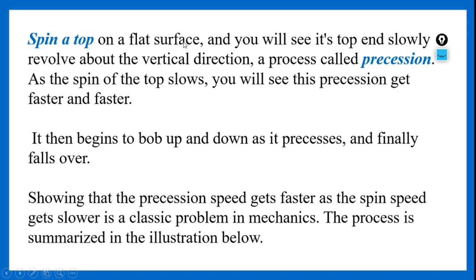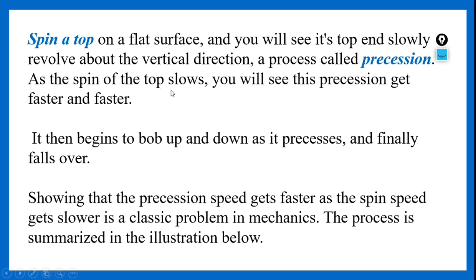So spin a top on a flat surface and you will see its top end slowly revolve about the vertical direction, a process called precession. If you spin a top, you might have observed that it starts rotating around its own axis, but in addition, the top also revolves around a vertical direction, which is called precession.